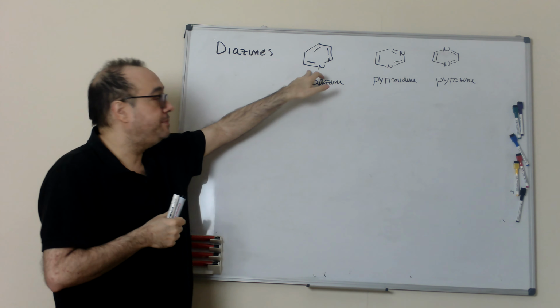Why? Because they contain 2 heteroatoms. That means we have 6 electrons for 6 atoms, but we have 2 atoms that are more electronegative than carbon. These 2 nitrogens will attract more of the electronic density to them, and will make all these carbons very electron poor.